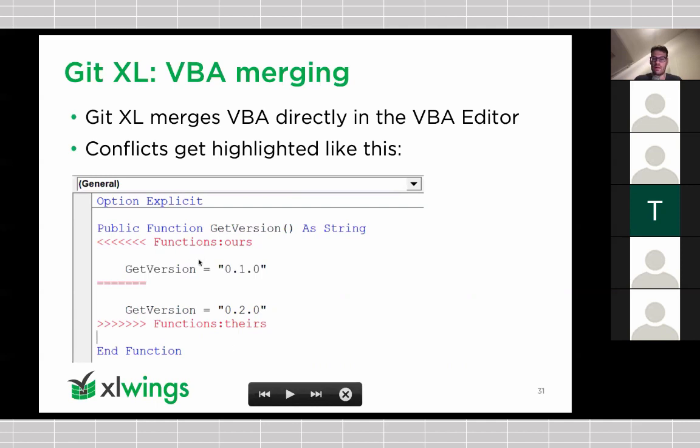So you can just pick the right version that you want to go with, and then delete those markers again. And then you can mark the conflict as resolved. That's a very nice way of how you can really manage, for example, an add-in which only consists of VBA code.